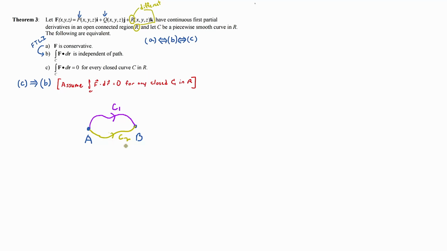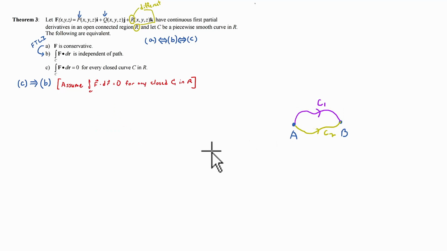Okay? So notice that I picked these generically. C1 and C2 can be any curves from A to B, and I'm not writing all that down, but in a real formal proof, you would say that. So keep this picture in mind. Notice that if I take, oh, you know what would work better?